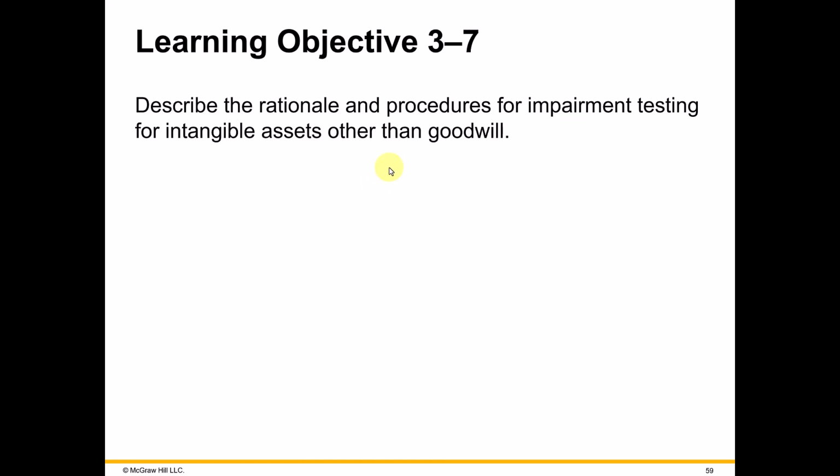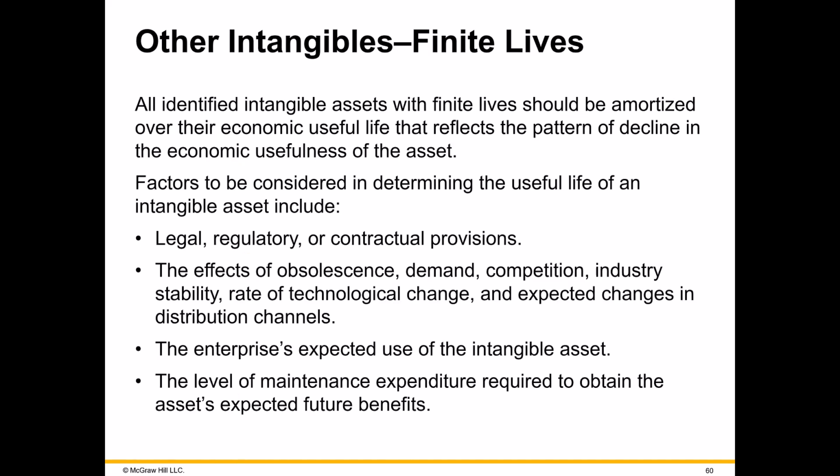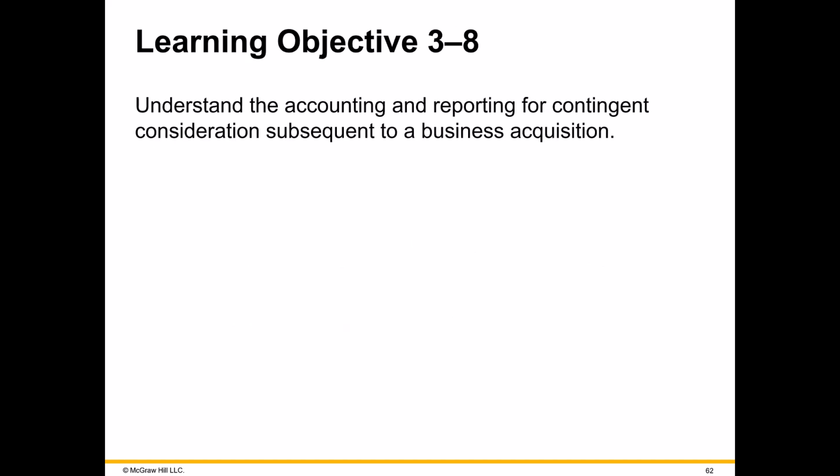The next set of slides just mentions that besides the goodwill asset being impaired, there can be other intangible assets not subject to amortization that can be impaired. So you've got to go through the testing for these assets also. But let's jump to the last section of chapter 3 that deals with contingent payments going to the sellers of the subsidiary.